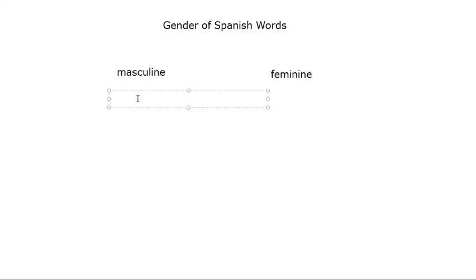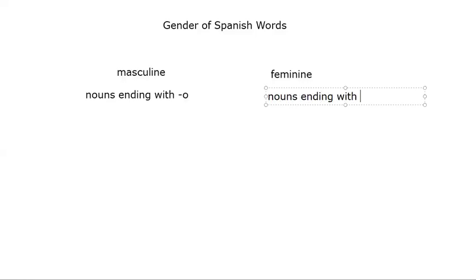It is not by any means an across-the-board rule, but nouns ending with O tend to be masculine, and nouns ending with A tend to be feminine. Again, not an across-the-board rule, but as a general case, that is the rule.